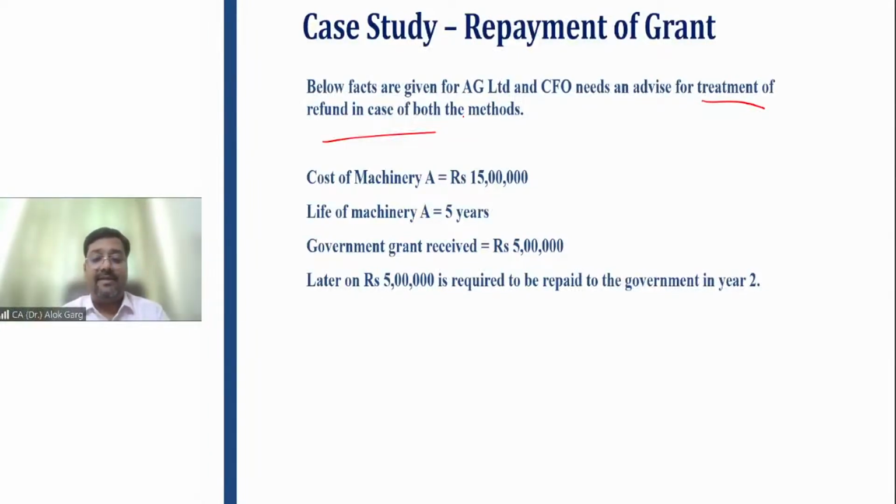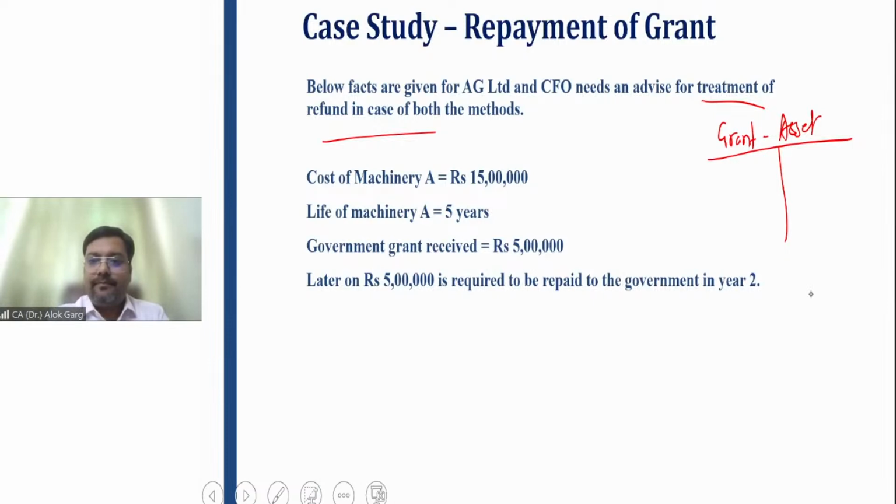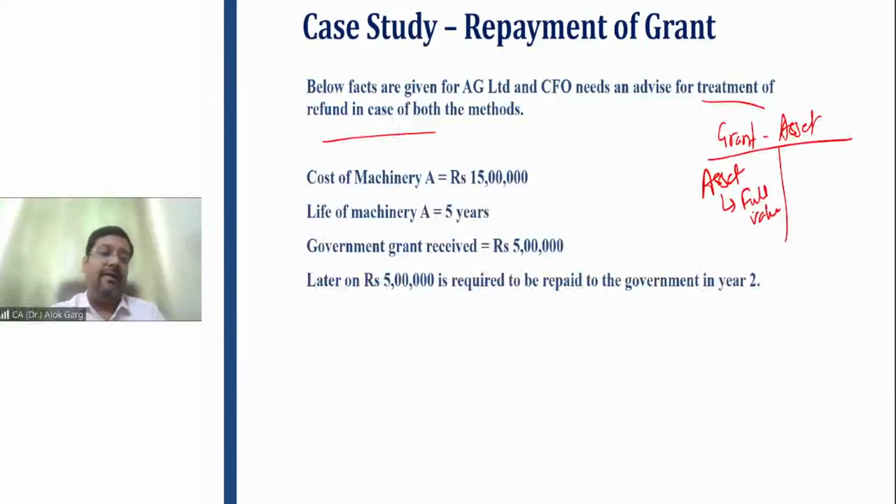The first is that the asset is shown at full value, gross value, along with the deferred government grant. Second, the asset has to be recorded net of grant, meaning net value.